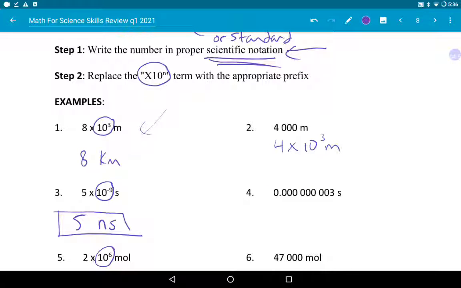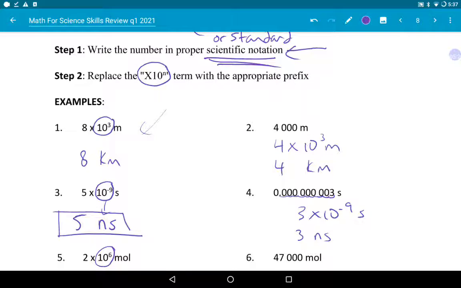So that's 4 kilometers. All right, now here we've moved the decimal 1, 2, 3, 4, 5, 6, 7, 8, 9. So that's 3 times 10 to the negative 9 seconds. We already did this one. 10 to the negative 9 is nano, so 3 nanoseconds.